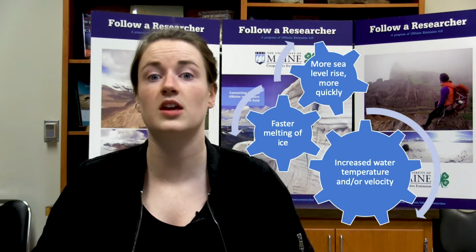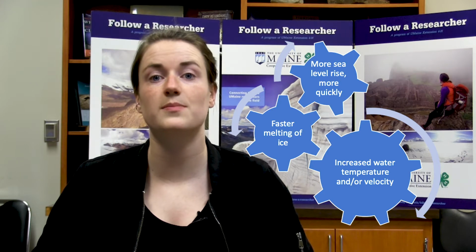So, if water temperatures and/or velocities increase, this can lead to faster melting of ice and more sea level rise at a faster pace. If we can somehow measure the pace at which icebergs are melting in a lot of places all at once from far away, we can understand what conditions are like in the ocean. And this is what I do.